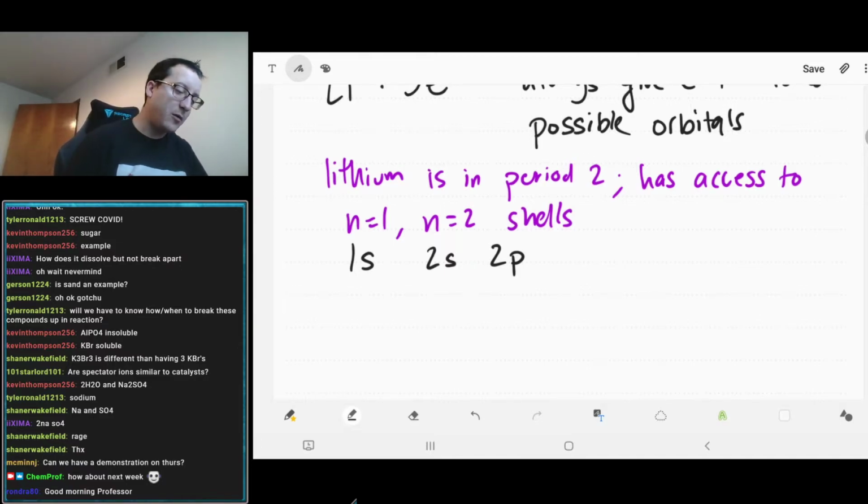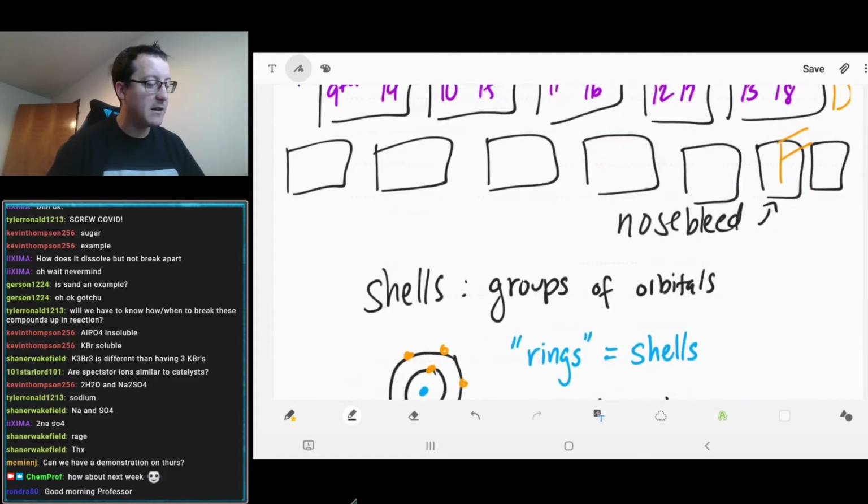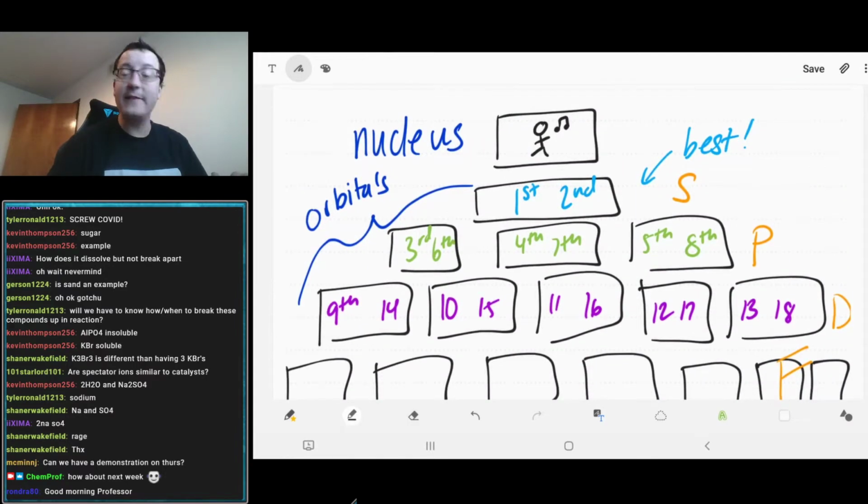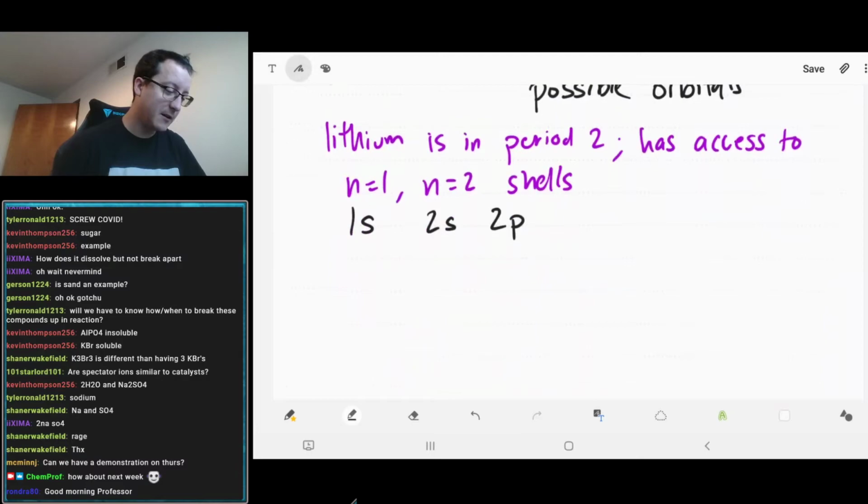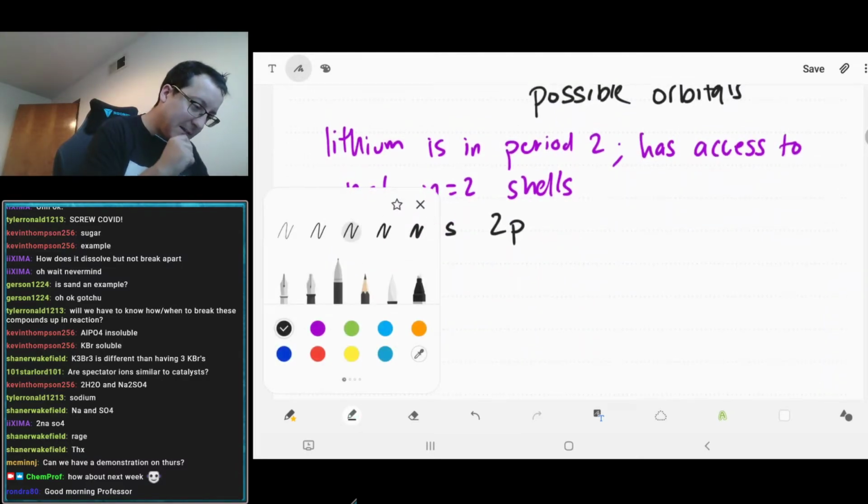And so, going way back, sorry to have to scroll all the way up, the best one, the lowest energy, is always going to be S. If you have the option, S will be better within a particular shell. And then P, and then D, and then F. So I'll write that again down here. Let's see, how about green?